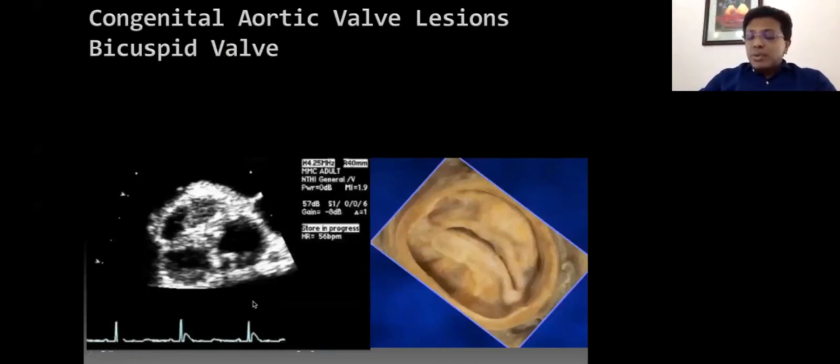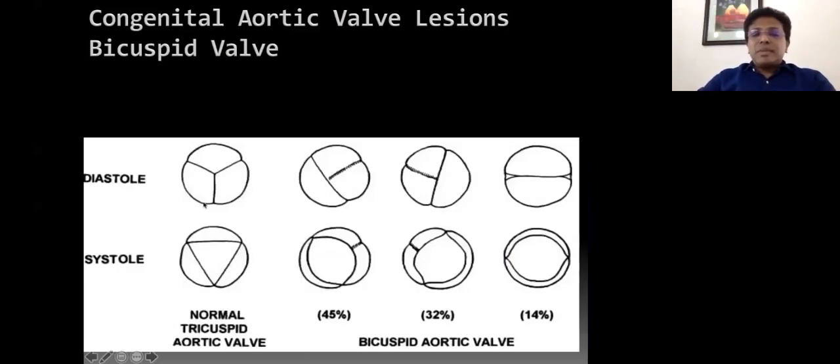So that is how the different fusions produce different types of morphology of the leaflets. So this again is a picture showing the normal tricuspid aortic valve opening. Here is the fusion between the right and the left coronary cusp, and this will be between the right and the non-coronary cusp.